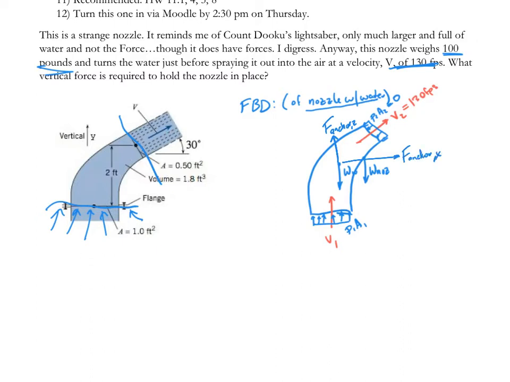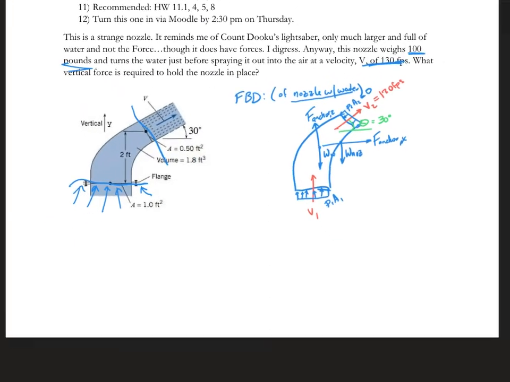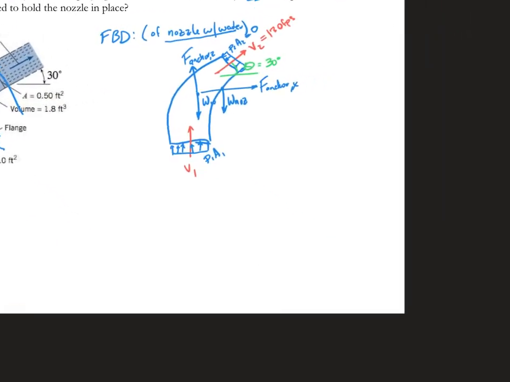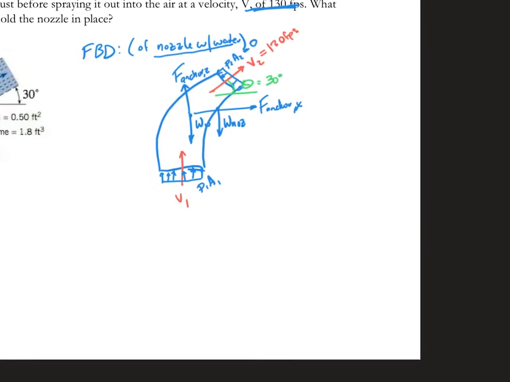So I guess the only other information that you might want on this is theta equals, I think it's 30 degrees in this case. Now, I guess I didn't put that the weight of the nozzle is 100 pounds. And we'll have to get the weight of the water.